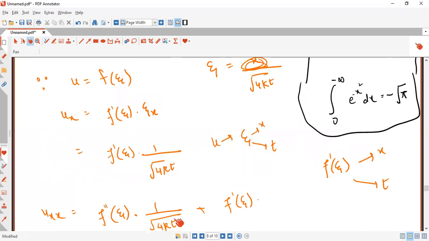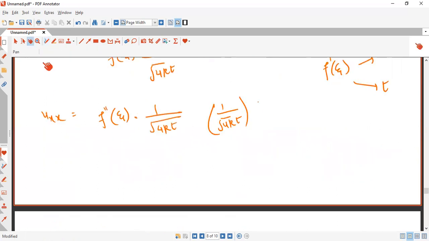Xi x is 1 upon root 4 kt. So what is uxx you're getting? F double dash of xi, can I write it as u xi xi upon 4 kt?